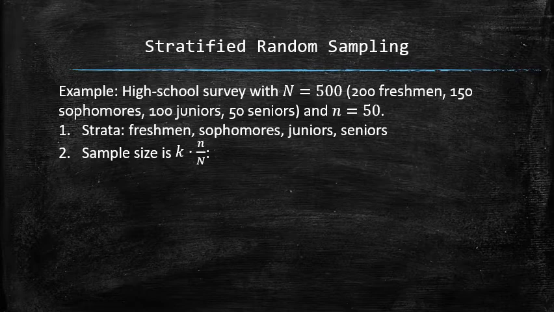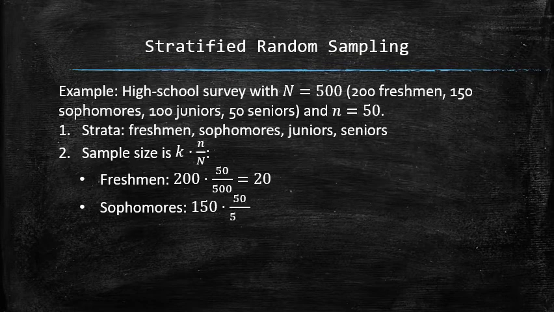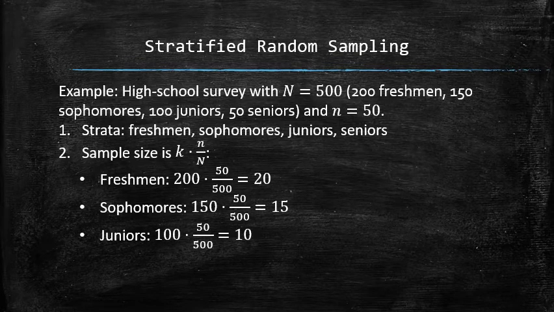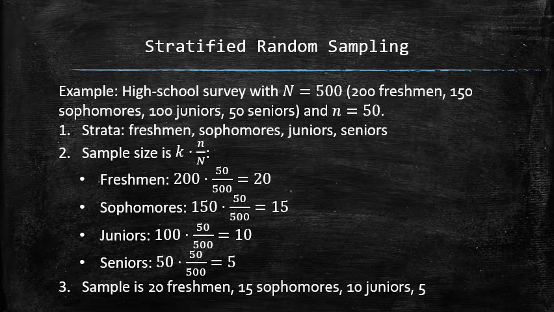From each class, we obtain a simple random sample of size proportional to the size of the class. That is, there will be 20 freshmen in the sample, 15 sophomores, 10 juniors, and 5 seniors. In Step 3, we combine all the members obtained in Step 2, so our sample will consist of 20 freshmen, 15 sophomores, 10 juniors, and 5 seniors.